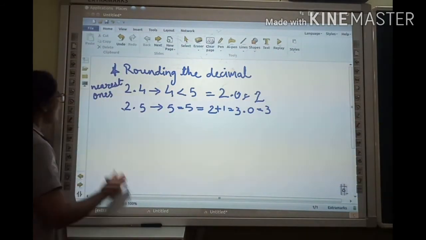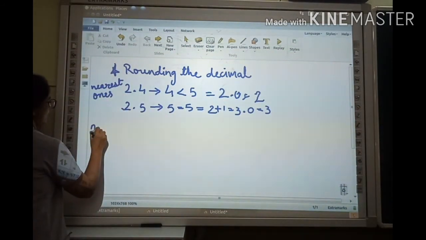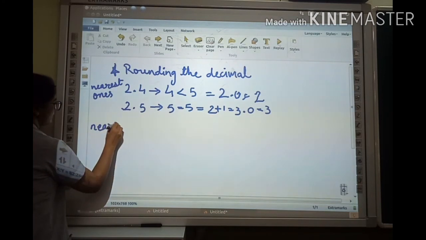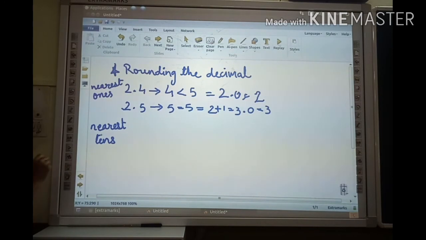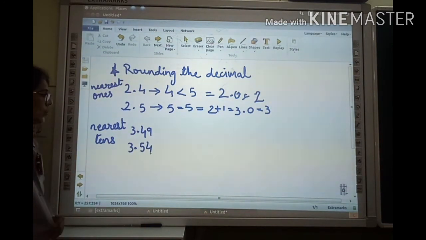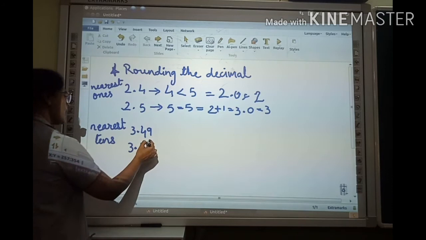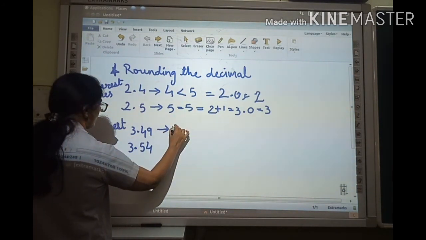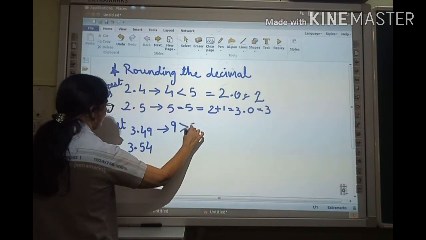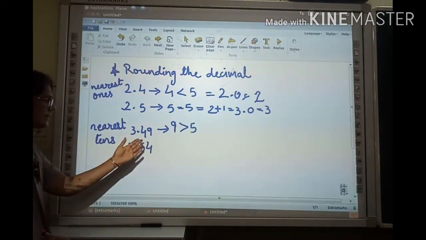Understand? Now rounding the number to the nearest tenths. Okay, so here what we have to check is this 9. This 9 is greater than 5. Can we say that 9 is greater than 5?